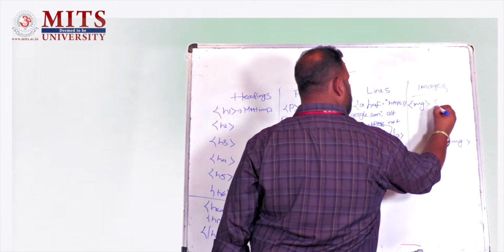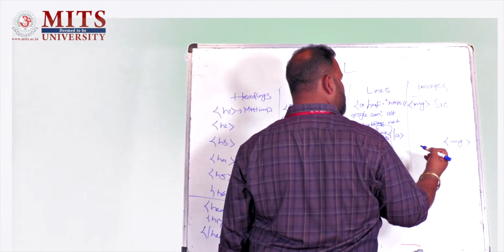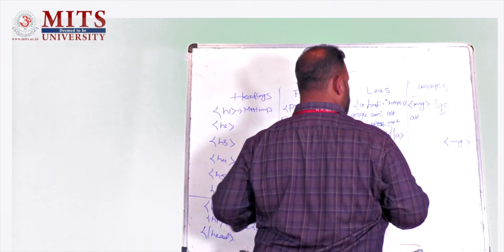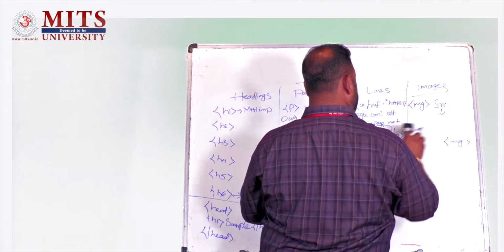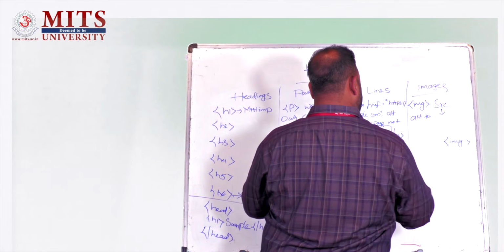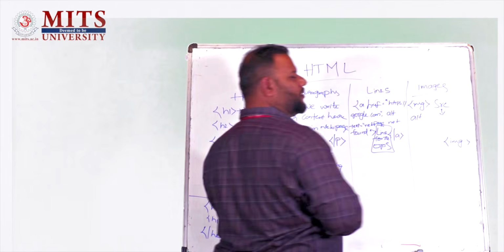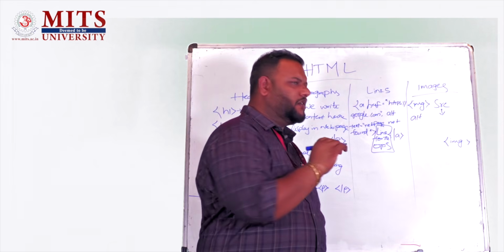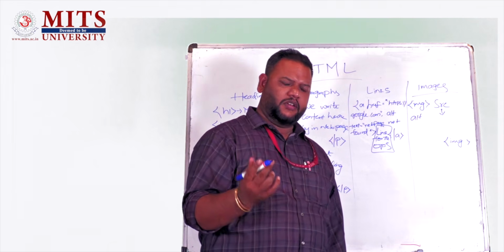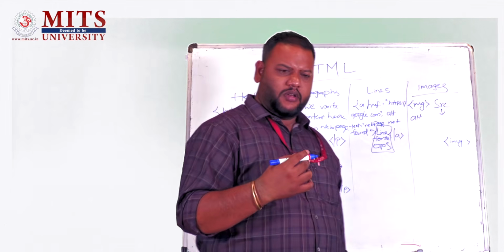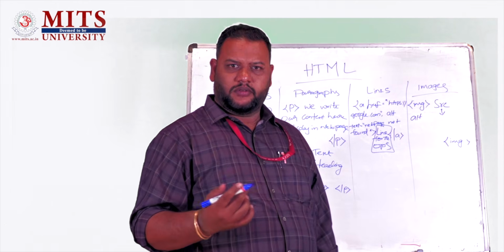We need src for source and alt. In case the image is not accessible, this alt text is going to display a message to the user saying the image is not accessible.